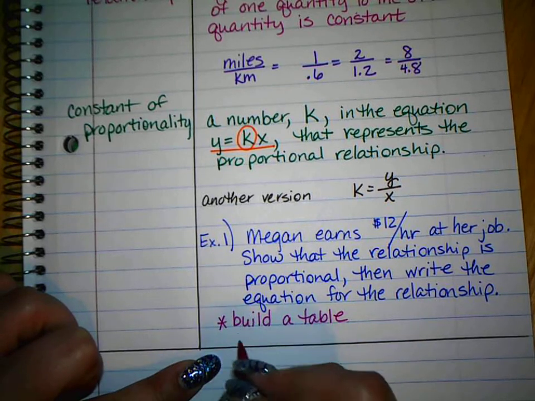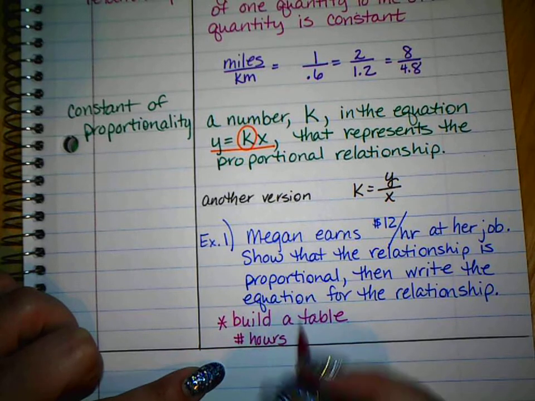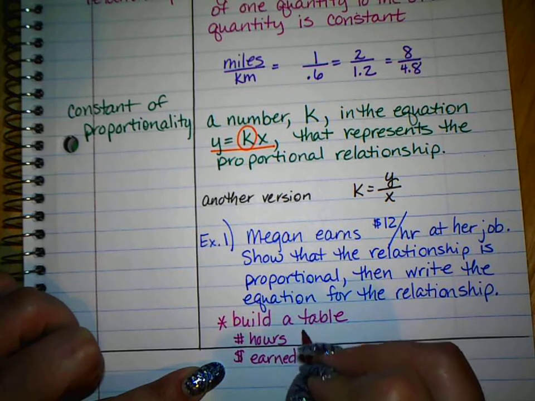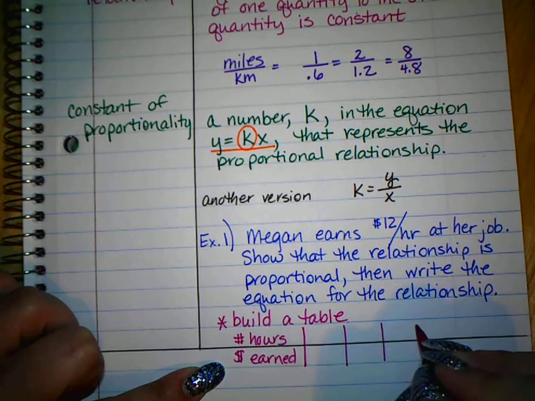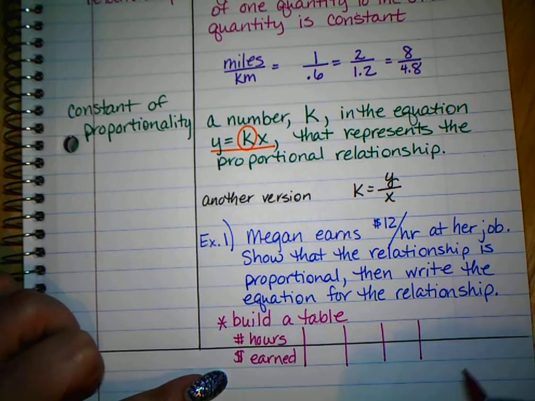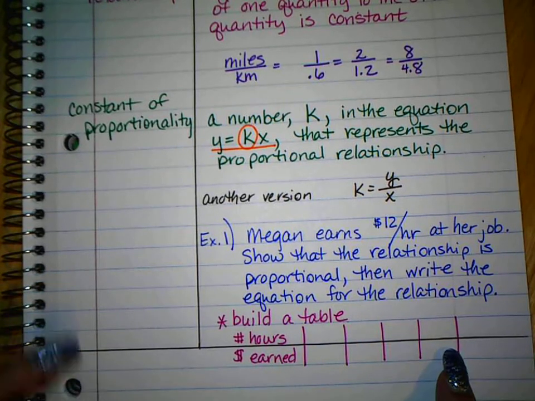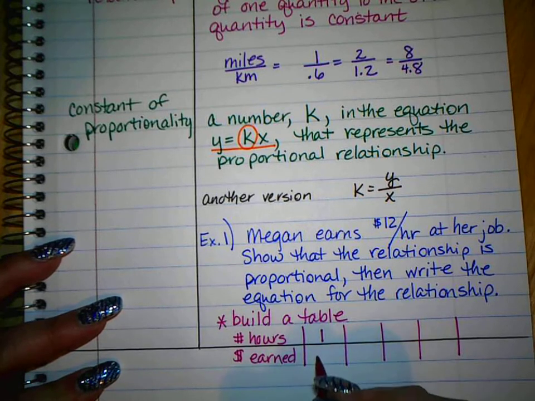We are comparing the number of hours worked to the money earned. Notice I'm using my line here. Usually you probably need to have about 4 values. We know if she works 1 hour, she earns $12.